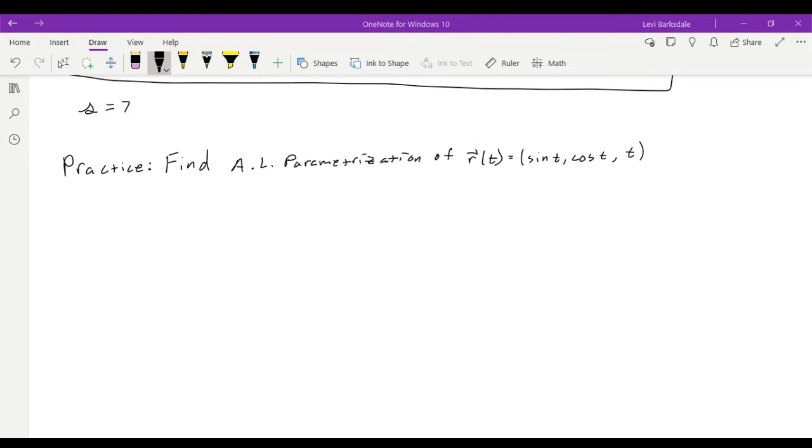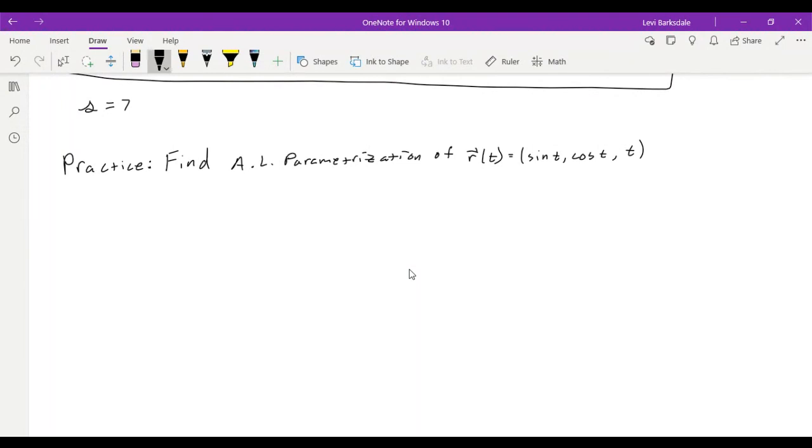All right, let's go ahead and go over this one really quick. So remember, the first step to finding an arc length parameterization is always to find your arc length function. So our arc length function would be the integral from 0 to t of the magnitude of the first derivative.